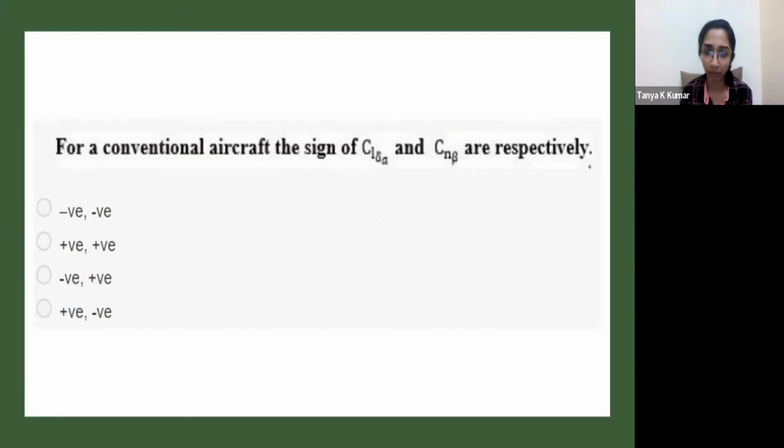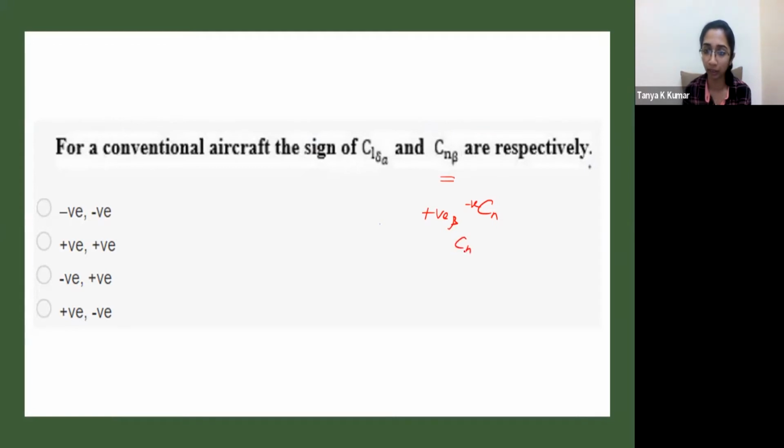For a conventional aircraft, the sign of CL delta A and CN beta are respectively what? Now, CN beta is a stability derivative, right? For a positive beta, we saw that a negative Cn is produced. For a positive side slip, you have a negative yawing moment.